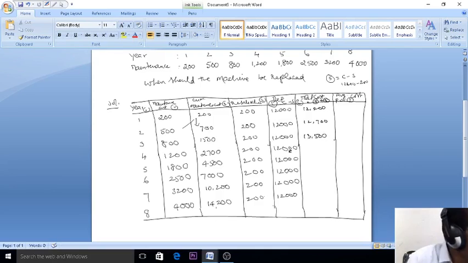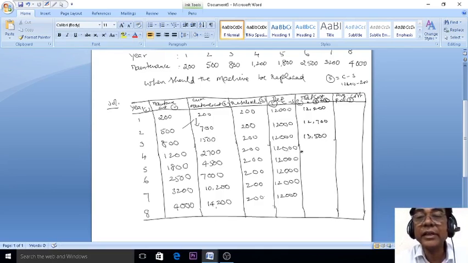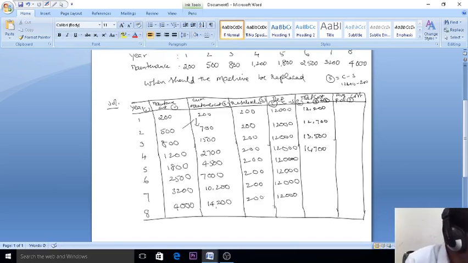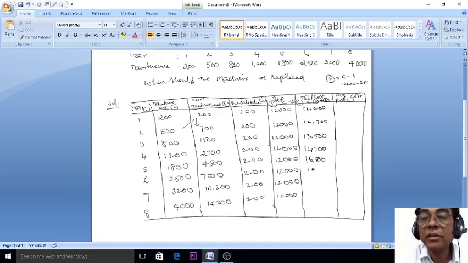The next value is 14,700, then 16,500, 19,000, 22,200, and the next is 26,200.